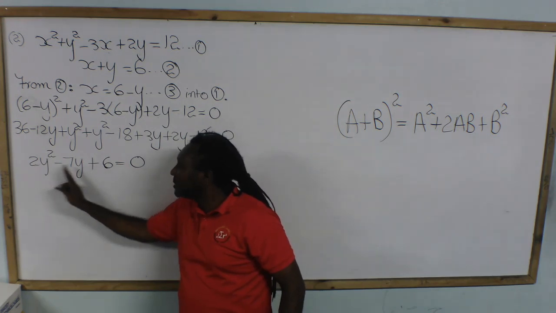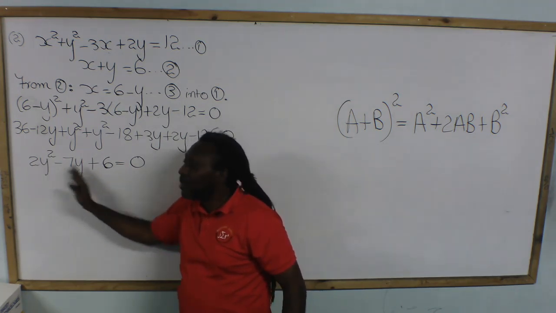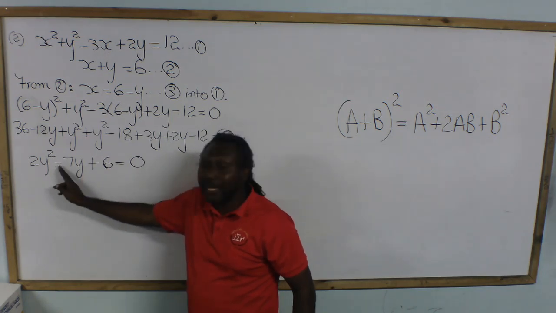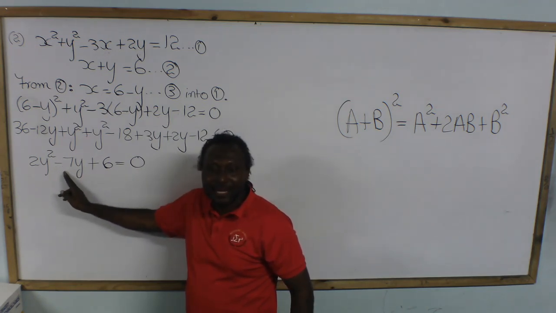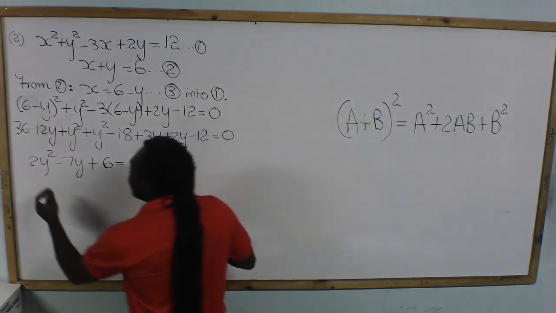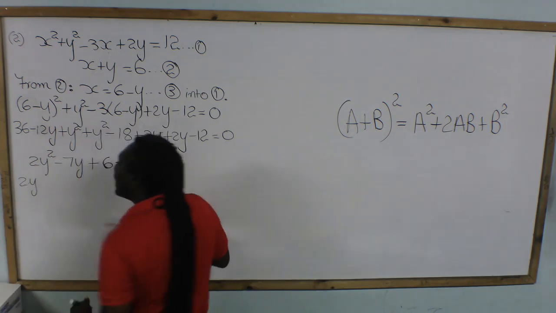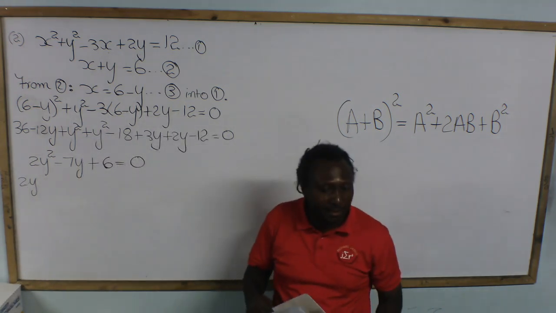Your two numbers multiply to give 12, and when you add them, you get -7. So they multiply to give 12, and when you add them, you get -7.